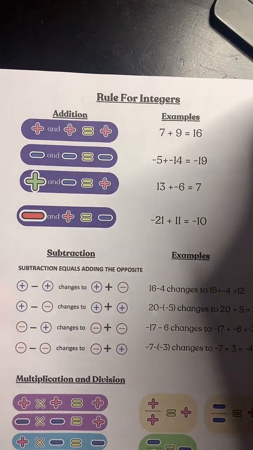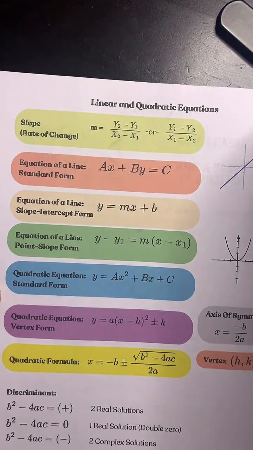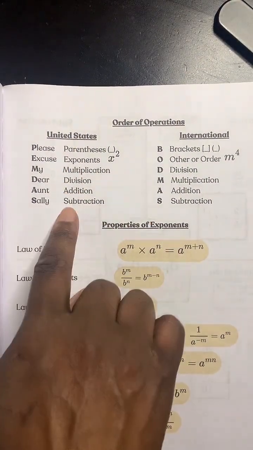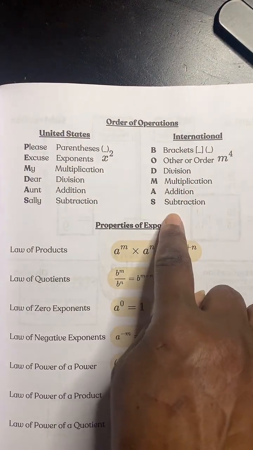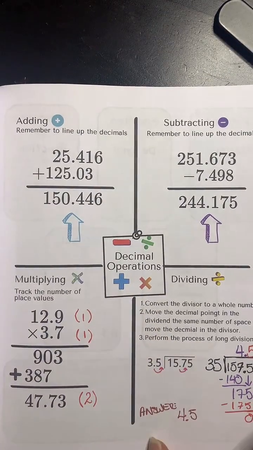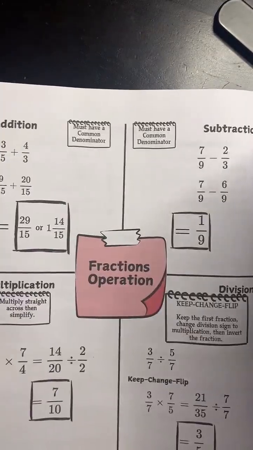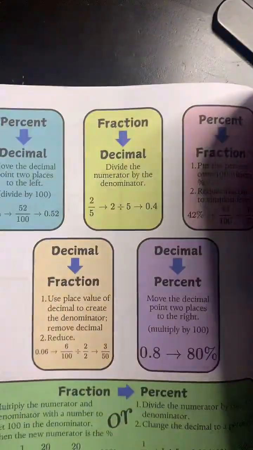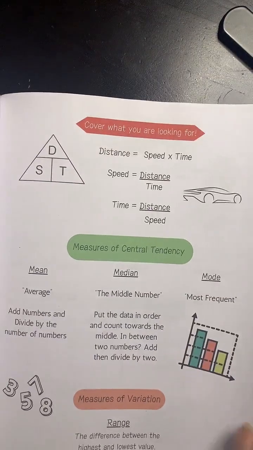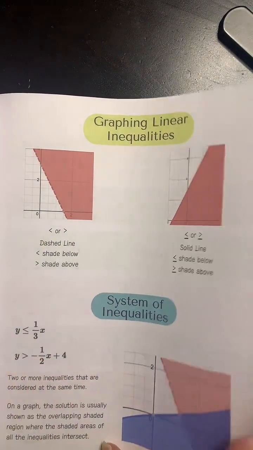The rules of integers. We also have linear and quadratics. We're looking at order of operation, not only in the States, but also internationally. Properties of exponents. We got decimal operation as well as fraction operation. So this one is designed for Algebra 1 and algebra.